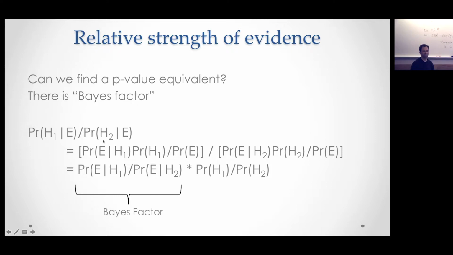And if you grind through this, what you find is that this ratio is equal to the ratio of the prior probabilities, like how much more likely we thought the stoplight would work to begin with, times the ratio of the likelihoods.